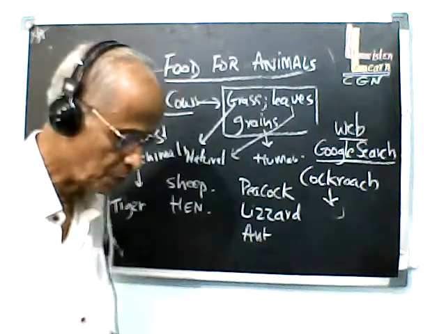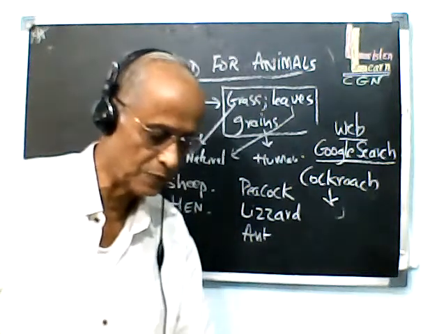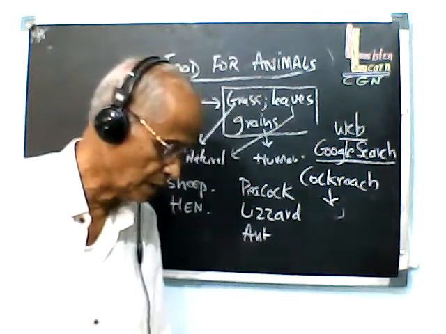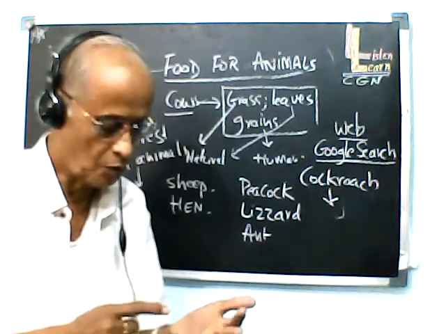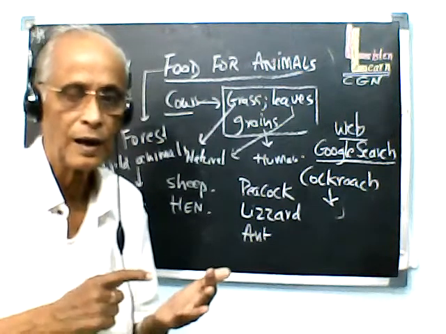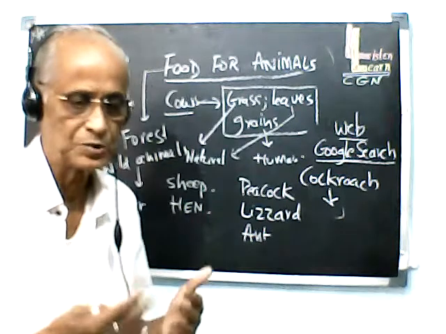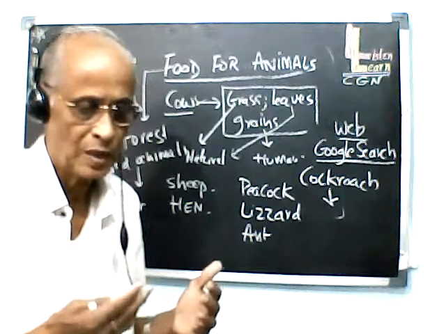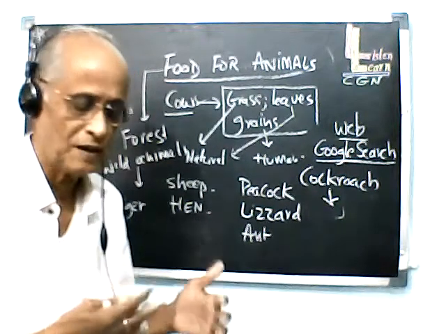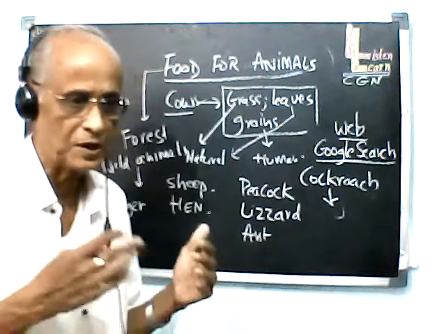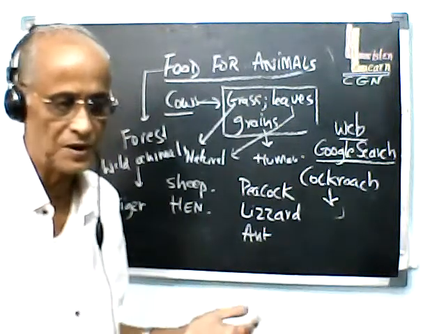Just to sum it up, we have studied in this particular chapter some very important ideas like food is the item we normally eat. It is the ready-made item. Food may be of different types from different regions, from different parts of India.